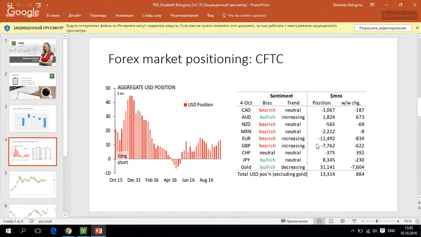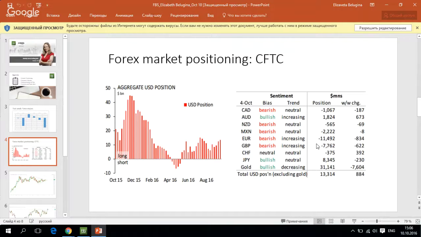And this bearish net position is increasing in euro and British pound. Also, we can see that the Australian dollar was positioned rather well, and it explains the relative resilience of the Australian dollar.